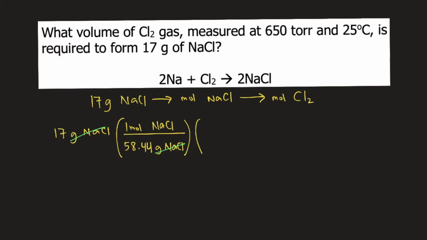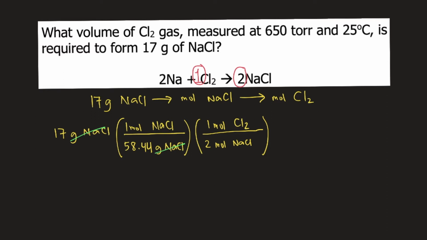Then if you convert moles of NaCl to moles of Cl2, you need to use the chemical reaction given. So according to the chemical reaction, 2 moles of NaCl requires 1 mole of Cl2. So you plug that into your equation. 2 moles of NaCl requires 1 mole of Cl2.